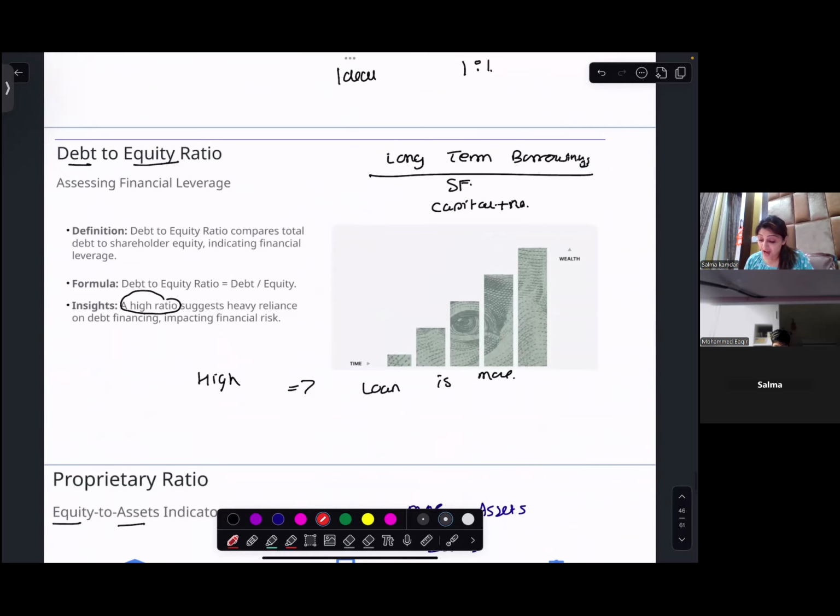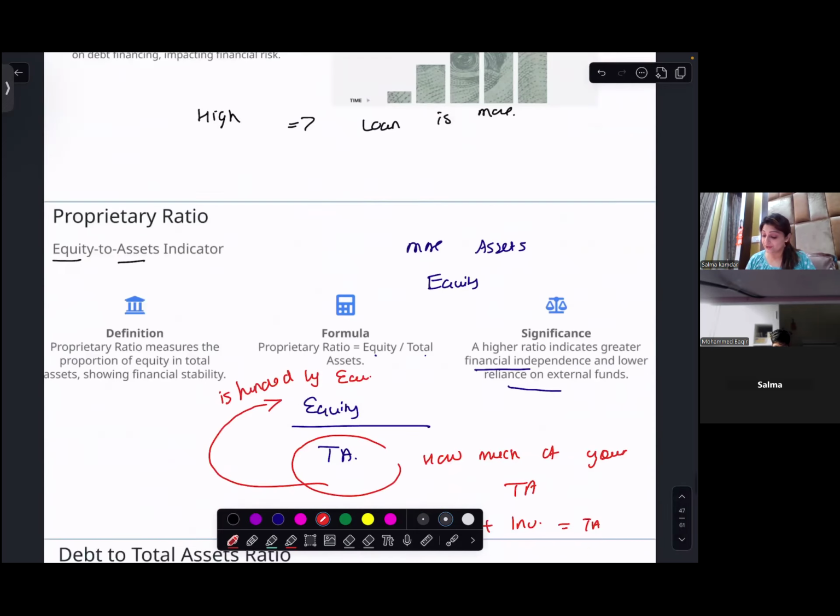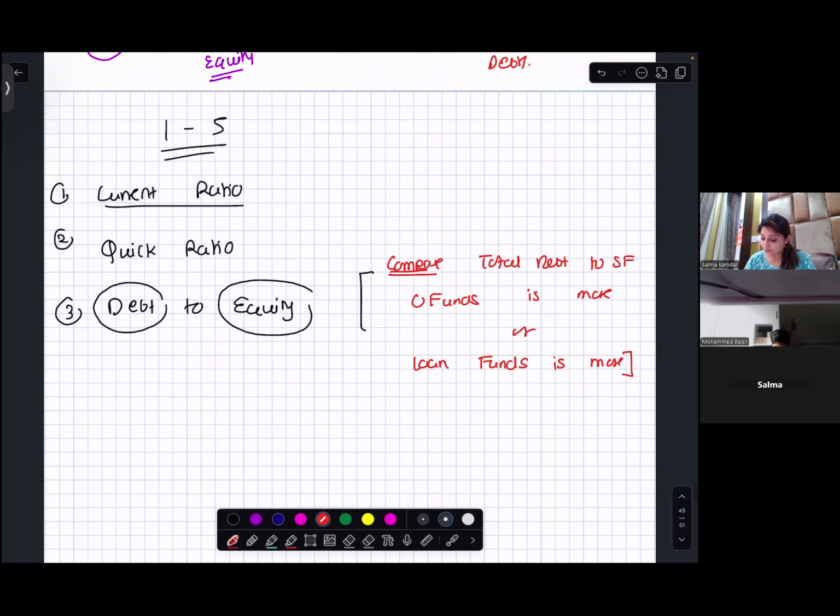So if you have a high debt to equity ratio, in the numerator you will have debt and in the denominator you will have equity.